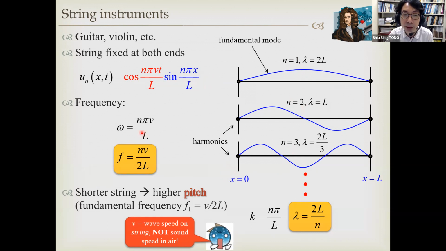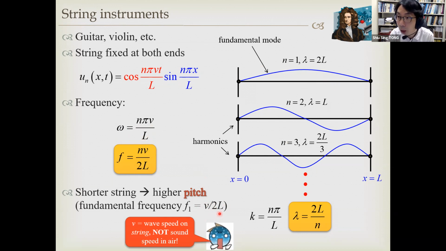Now you can also express this in terms of the linear frequency, which is more intuitive. The linear frequency is omega divided by 2 pi, and so you get rid of the pi and you get nv over 2L. So this is an integer multiple of a fundamental frequency. The fundamental frequency is v over 2L, the lowest frequency possible for a standing wave to form on the string.